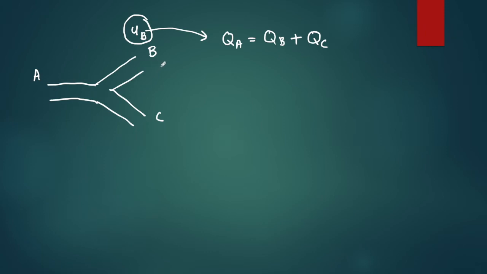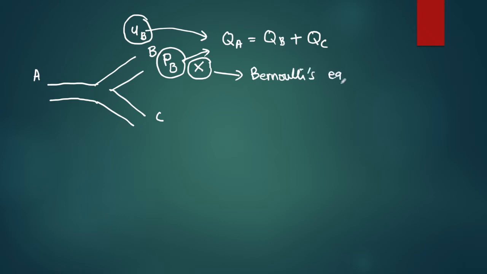And if the question asks us about the pressure at B, we cannot use the same equation as in the continuity equation. In order to determine the pressure, you have to use Bernoulli's equation.